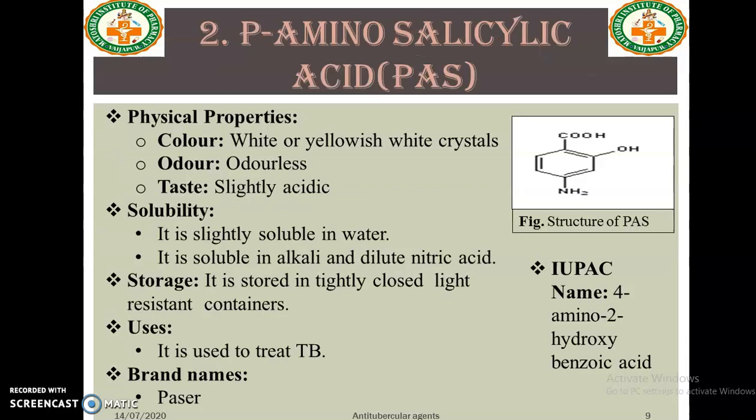Now the second example is para-aminosalicylic acid, which is also called PAS. Here is the structure of para-aminosalicylic acid. The IUPAC name for PAS is 4-amino-2-hydroxybenzoic acid.